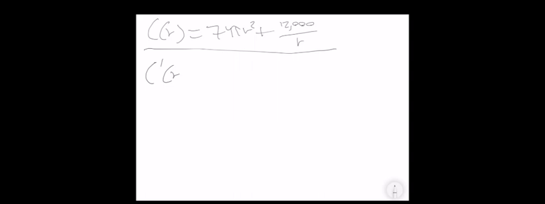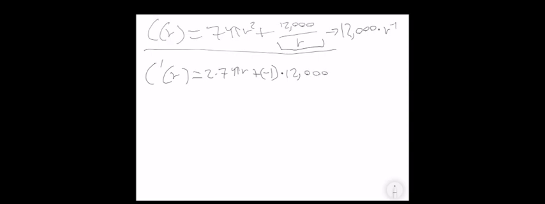So C prime of r equals, the first part is 2 times 7 pi r. And the next part could also be written as 12,000 times r to the negative first. So now the derivative of that would be negative 1 times 12,000 times r to the negative second.